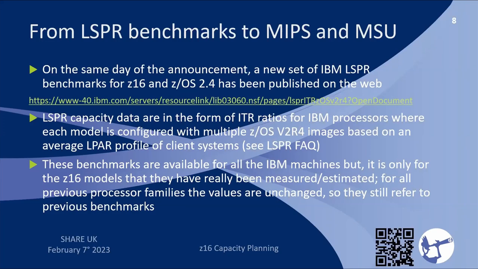In the past, sometimes when they publish new benchmarks, they make minor changes to the previous definition. This was not the case this time. So everything up to the z15 stays as it was. What you find new on this link is that the new family has been added, so you know how they are supposed to behave.